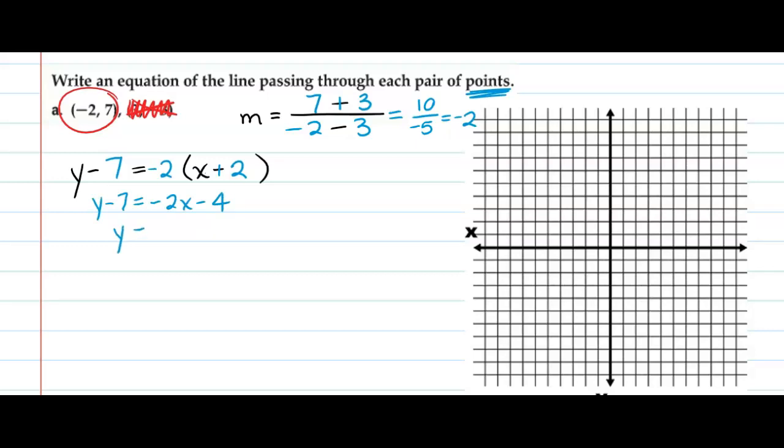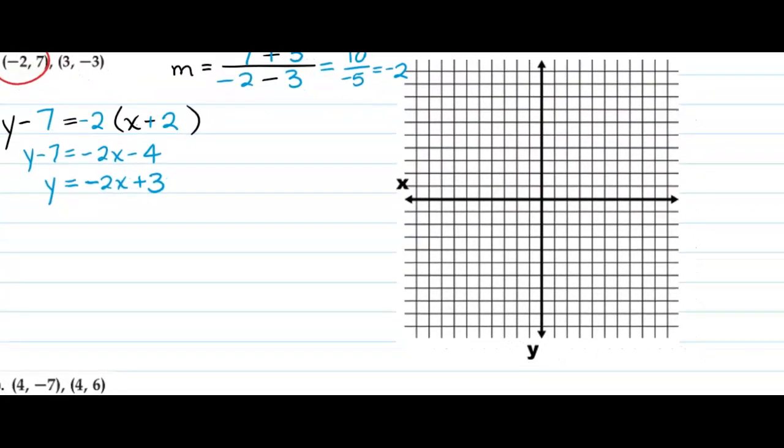Add 7 to both sides. If I had chosen the other point, when I reduce it to slope-intercept form, I will get the same answer. Feel free to try it. It will work. If you use the point 3, negative 3, you will get this same line.